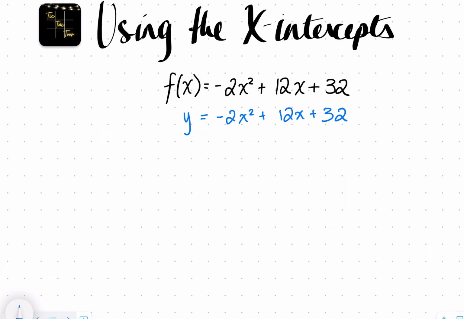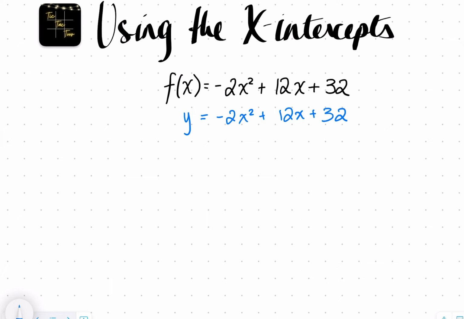Okay, so I titled this generally as using the x-intercepts here because technically you could find the x-intercepts using the quadratic formula or by factoring. In this case, I've created an example that is fairly simple to factor, so we're going to go that route.